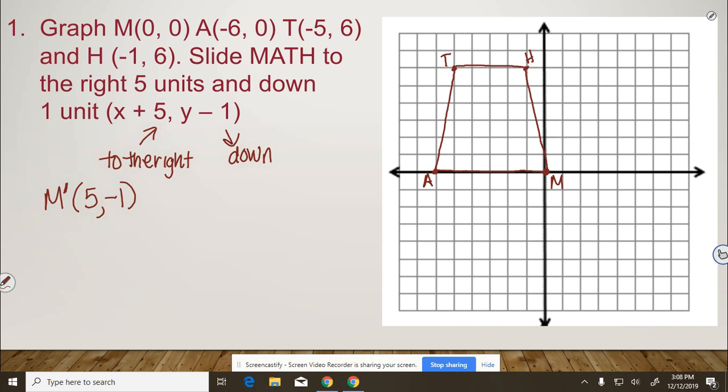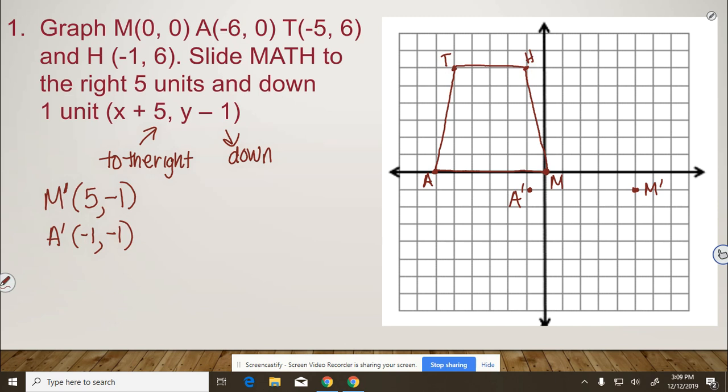We go over 5 to the right and down 1, and we label that M prime. Then for A prime, if we start at negative 6 and add 5, we get negative 1. And if we start at 0 and go down 1, we have negative 1 as well. So for A, we have negative 1, negative 1 right here. That's our A prime.